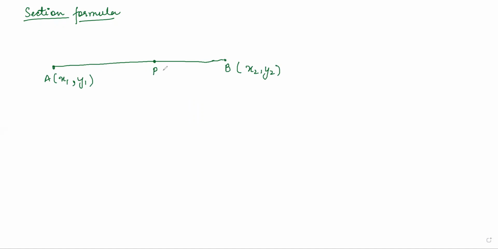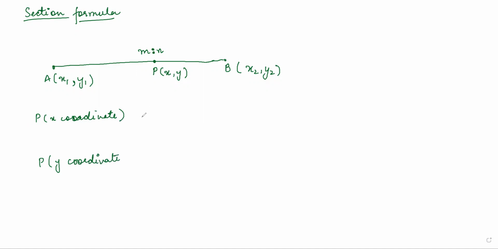We are interested in finding the coordinates of P, whose coordinates are x and y, unknown. But I know one thing, that this point P divides this line segment in some ratio, which is m:n. If this ratio is given to you and you want to find the coordinates of point P, you have the formula.